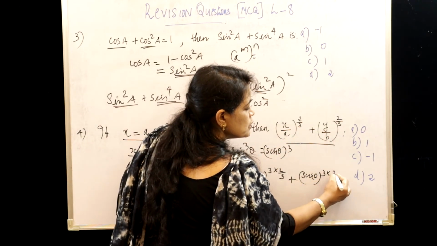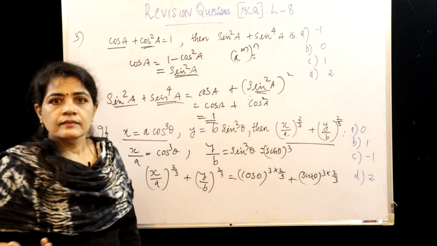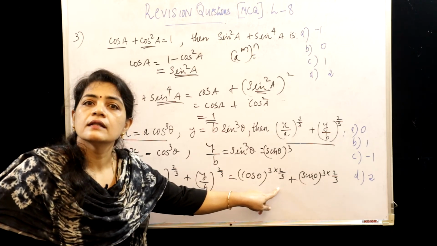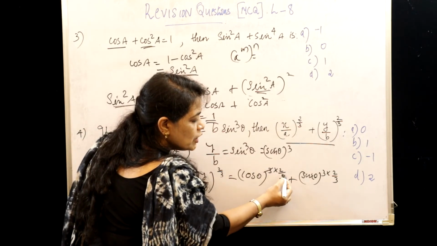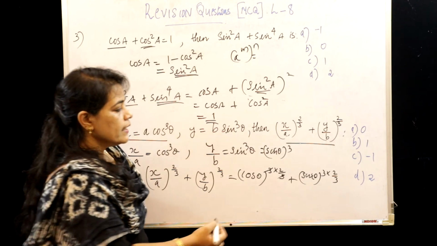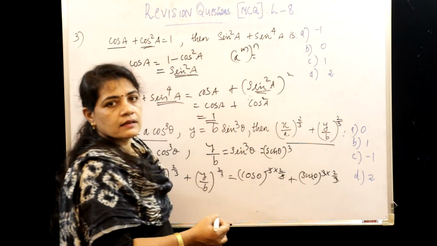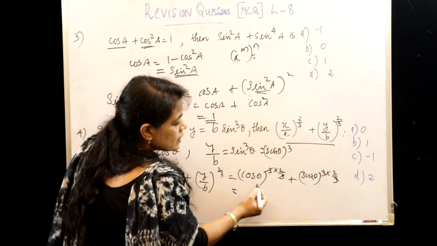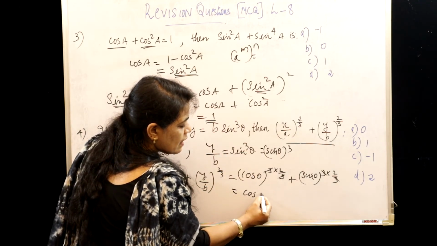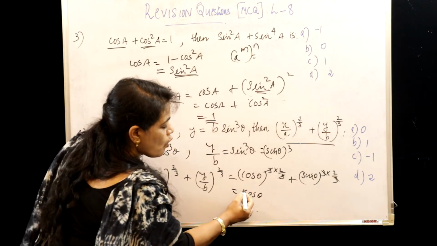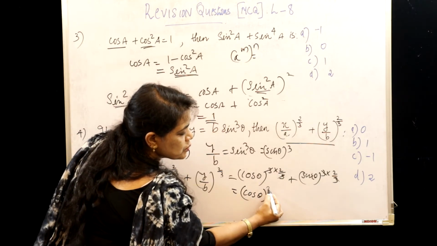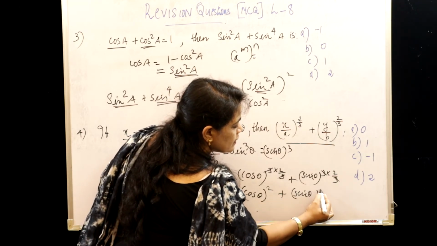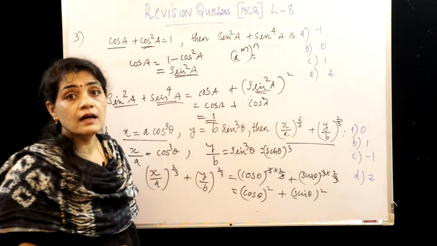See children, the power 3 into 2 by 3. That means the 3s are connected by multiplication, so you can cancel. And here also 3 gets cancelled. So what will you have now? This expression is reduced to cos theta whole square plus sin theta whole square, where the 2 remains in the power.